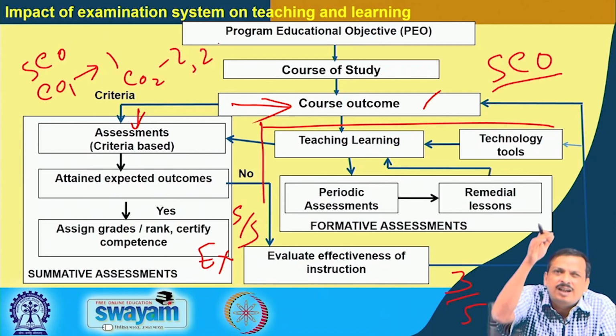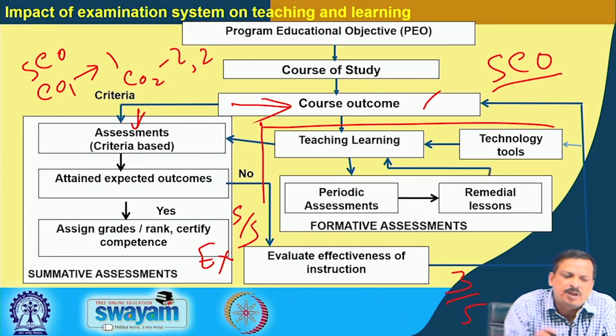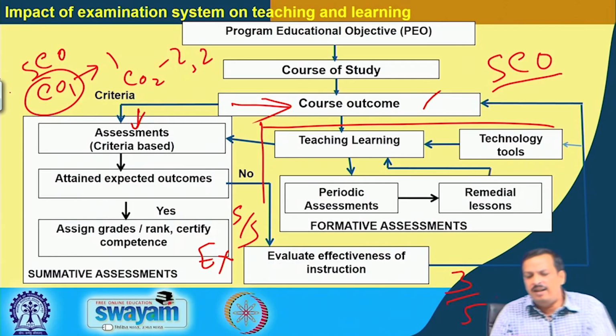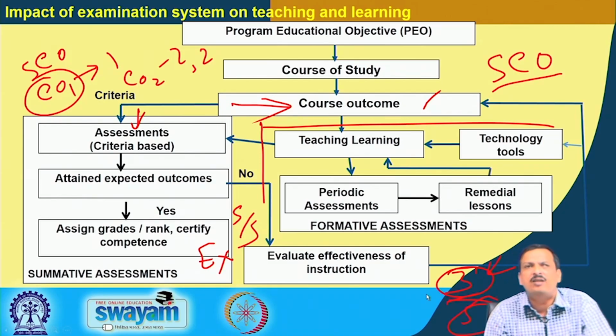So, you can find out the weightage of the marks or grade based on the complexity of the CO also. Then you find the total weight attained by the students divided by the total weight.